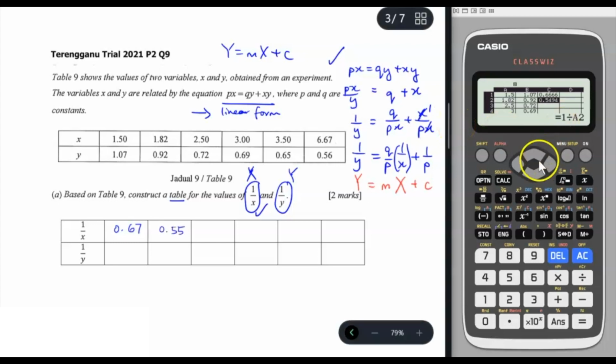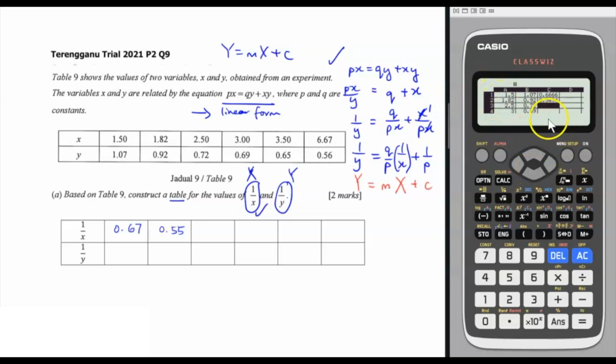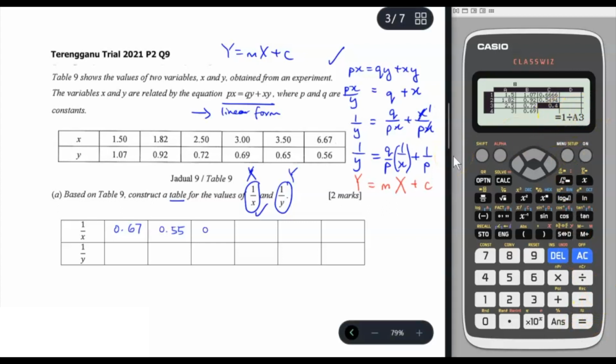Okay, let's do the third one. So this one is 1 over A3, right? Go to Option, and then Fill Formula, and then 1 divided by A3. So press equals 2 times. So you will get 0.4. Okay, so I'm going to put here 0.40 because all must be 2 decimal places.